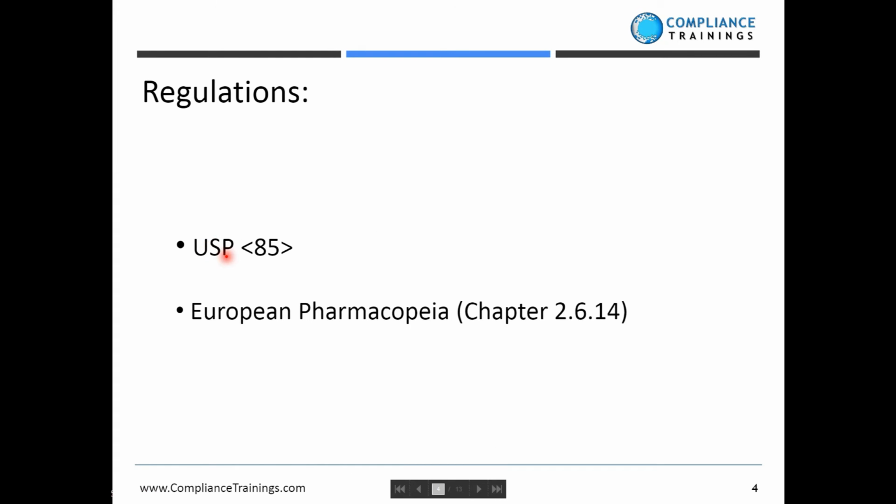Okay, so the regulations. The first regulation we're going to talk about is USP 85. That's the governing regulation for bacterial endotoxin testing, and it also tells you why it's important, some of the things that can occur if you do not test for bacterial endotoxin, especially now that a lot of companies are using E. coli cells for their manufacturing of their drug product.